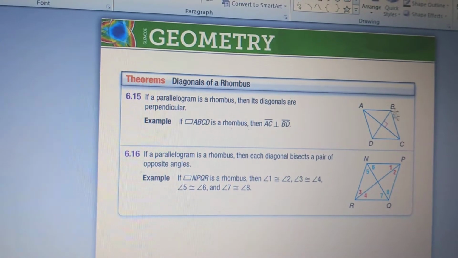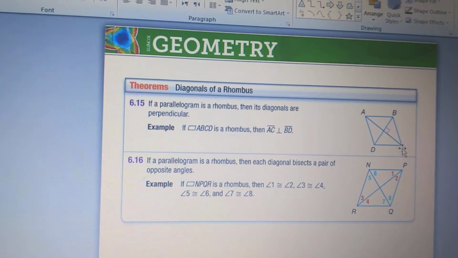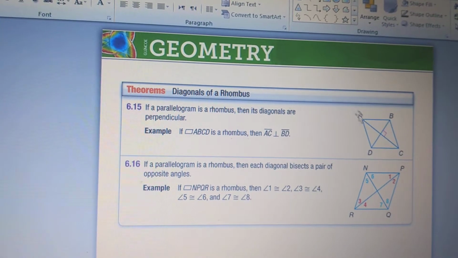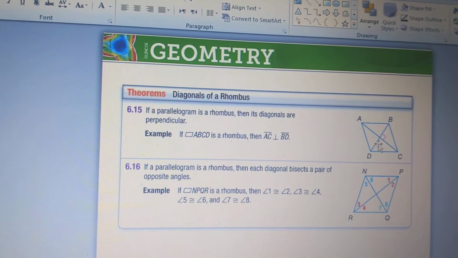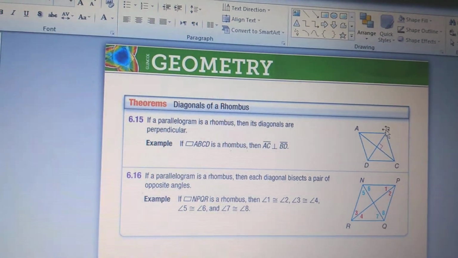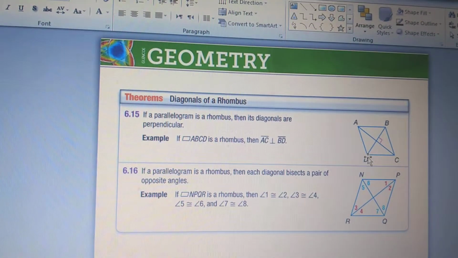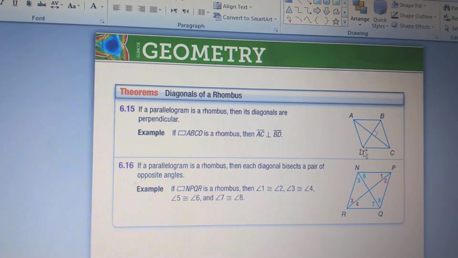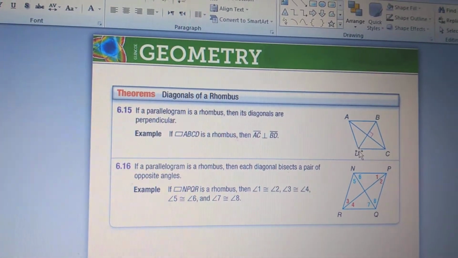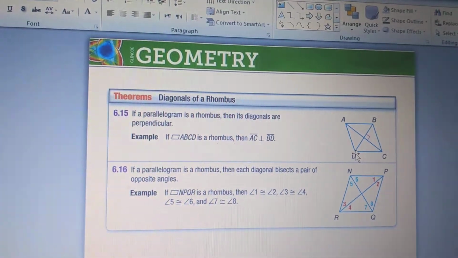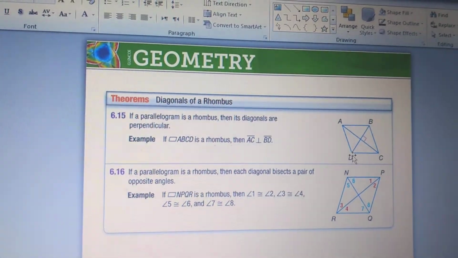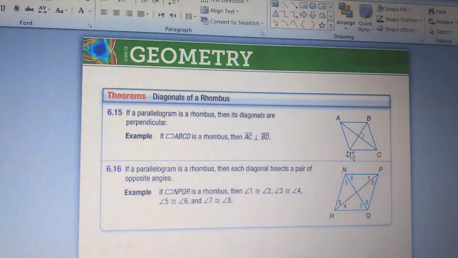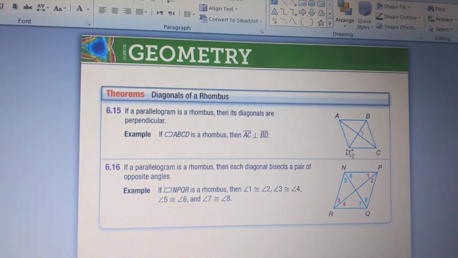When two diagonals form four right angles, 1, 2, 3, 4, when the diagonals are perpendicular, this means the parallelogram ABCD becomes a rhombus. Last lesson we studied that when diagonals are congruent, the parallelogram becomes a rectangle. Now, when diagonals are perpendicular, then the parallelogram becomes a rhombus.